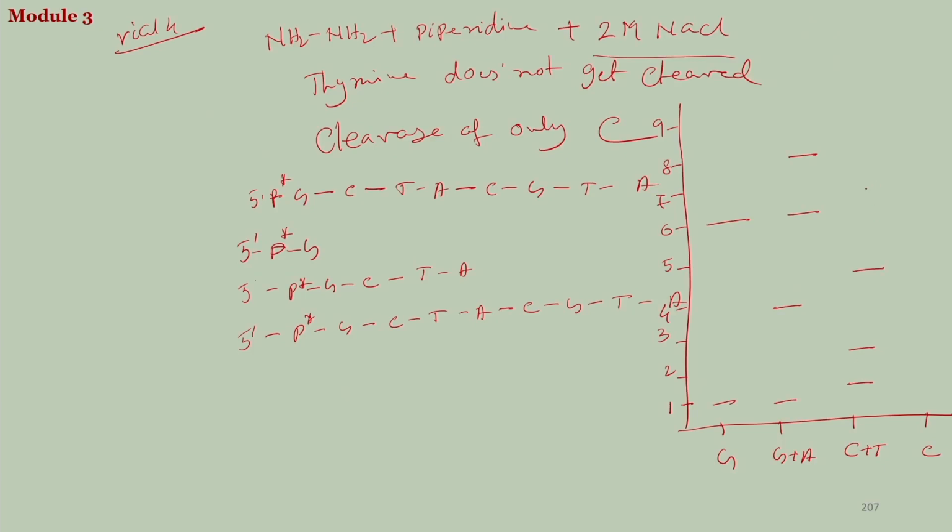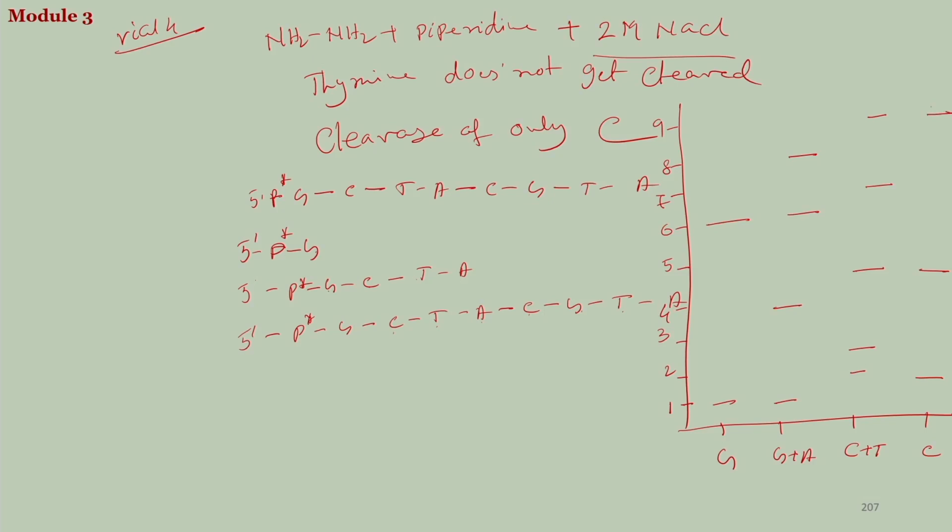And lastly the C has bands at 2, 5 and 9, and the last one is 9.